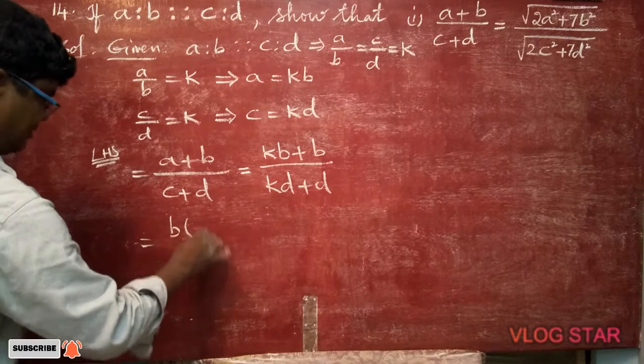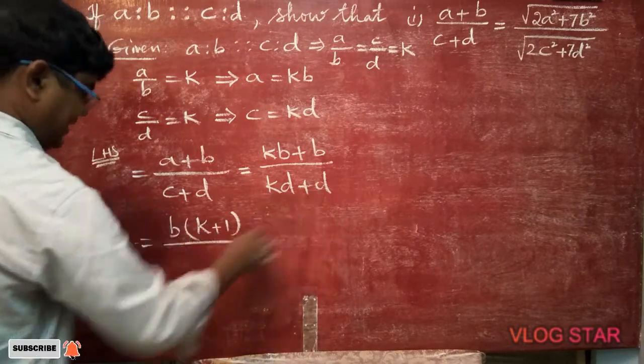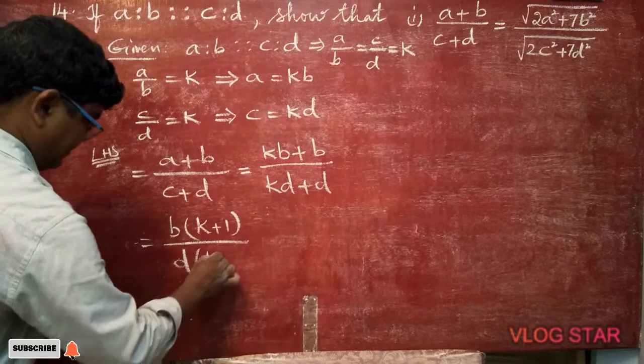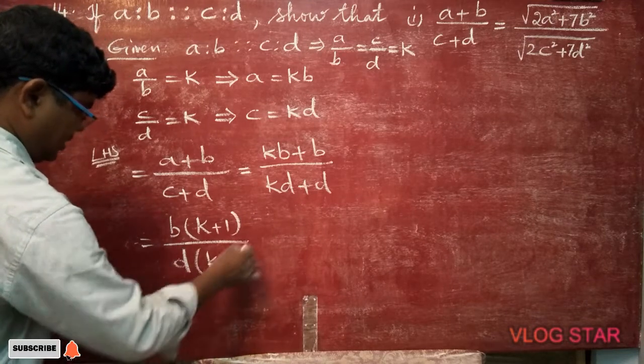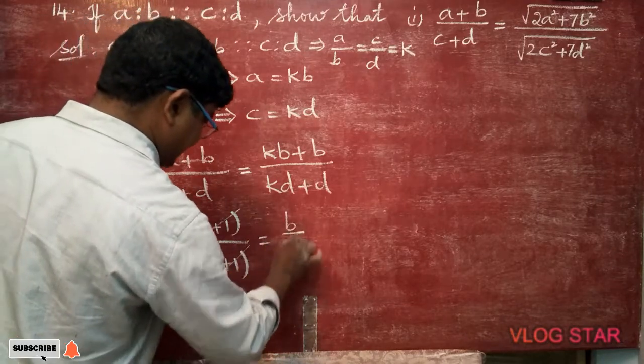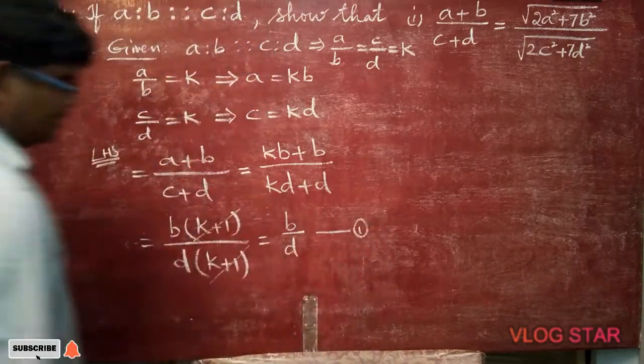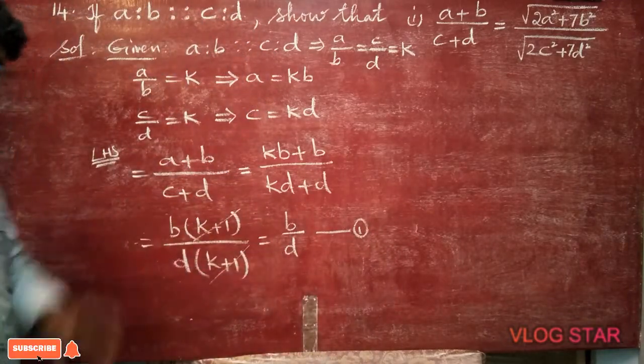So if you take B common, K plus 1. In the denominator what you can take? D you take common. K plus 1. Now K plus 1 cancel. B by D is there. So this is number 1. Left hand side we got B by D.